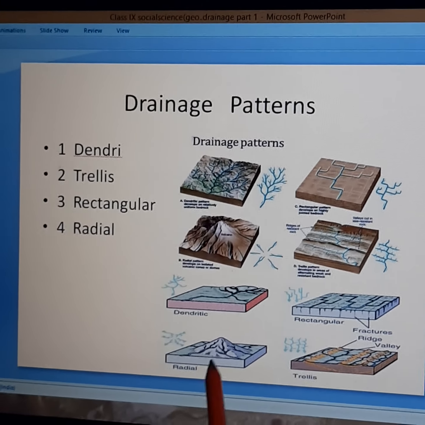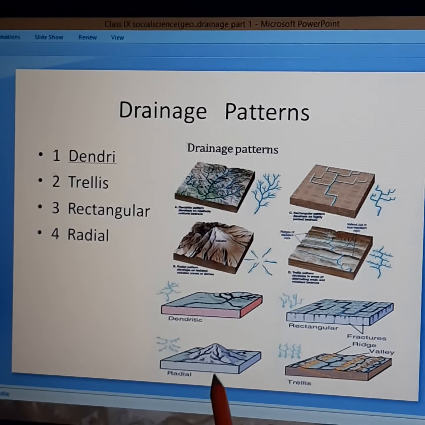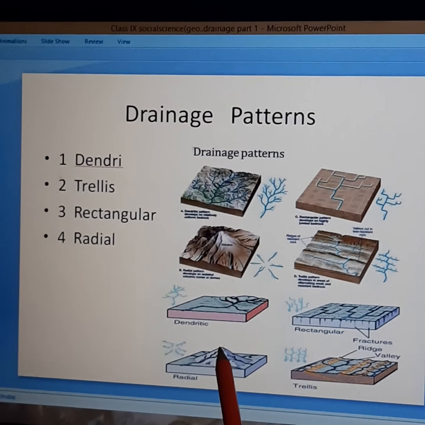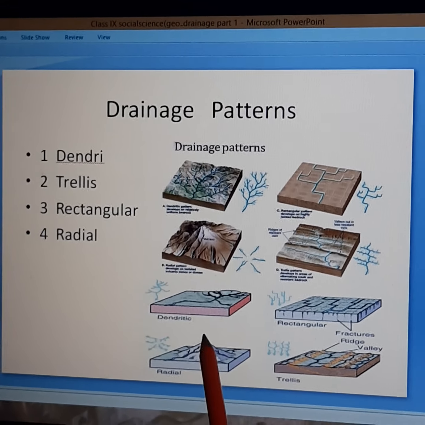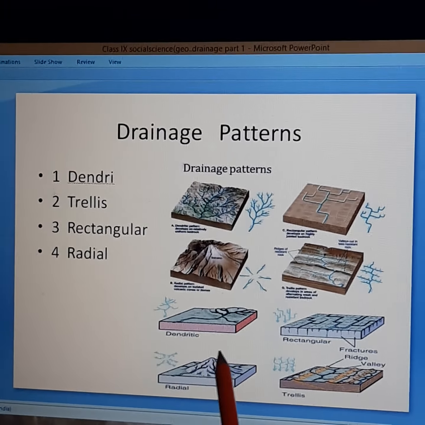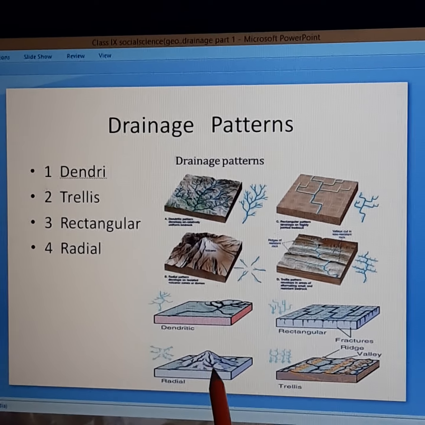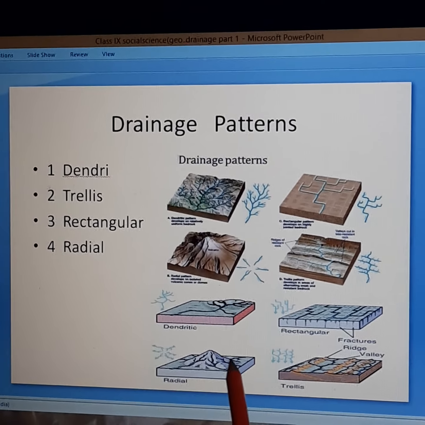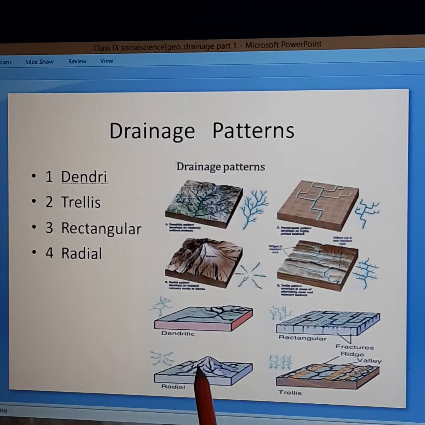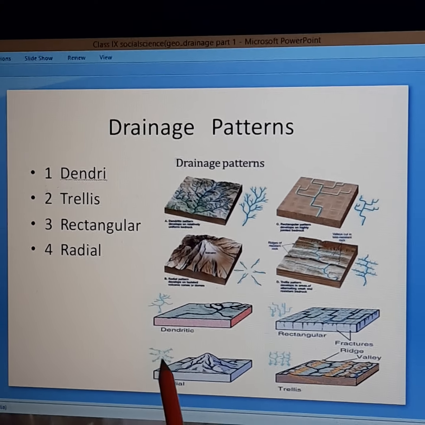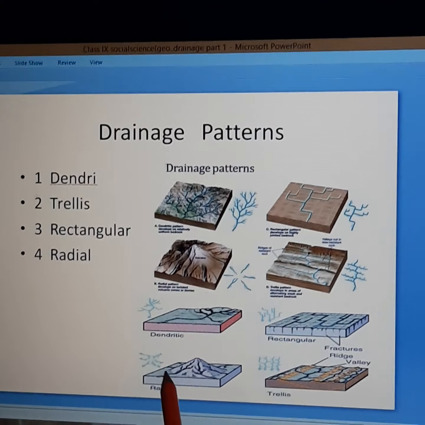The next one is the radial pattern. Here the river originates from central hills or from the center and flows outward downwards, and you can see the pattern like this.